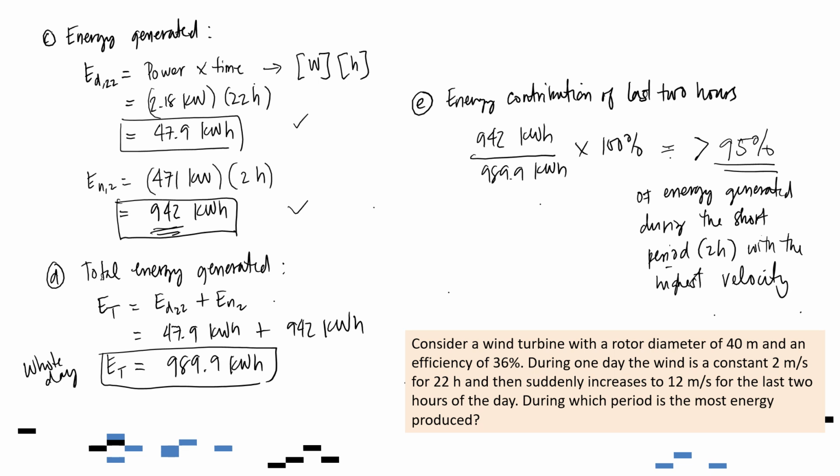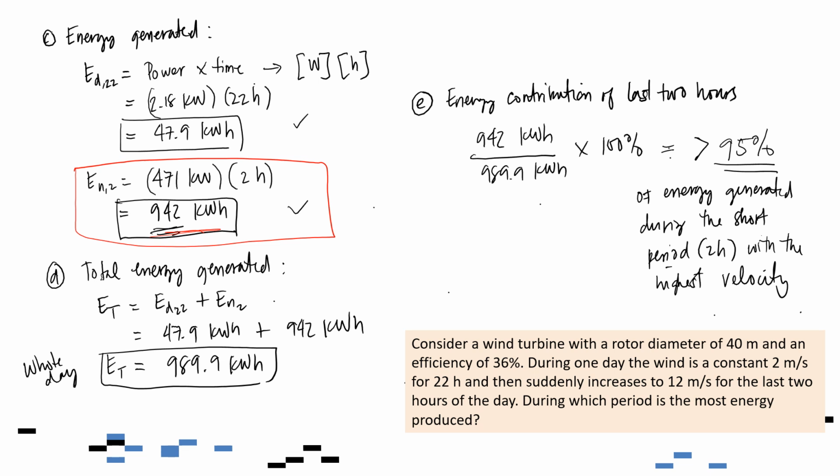All right, so this problem really shows us the importance or the dependence of the power generated or energy generated based on the wind velocity or wind speed. Even though the wind is only doing it for this period of 2 hours, the wind speed has increased so much from 2 to 12 meters per second, then it has also generated the maximum energy even just for 2 hours.